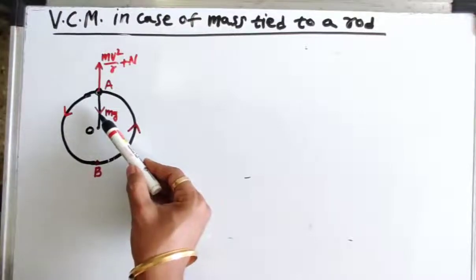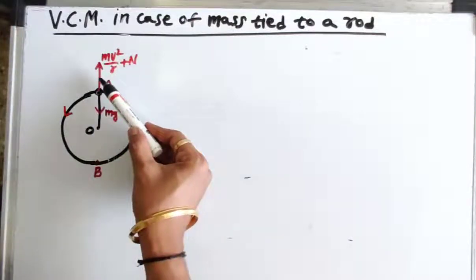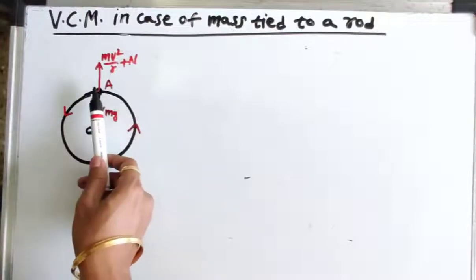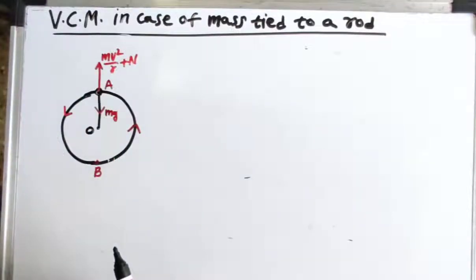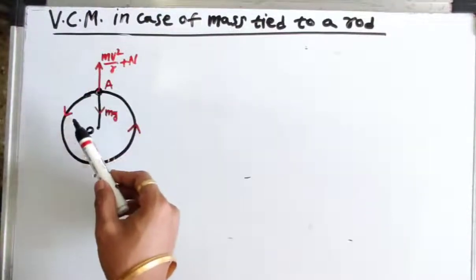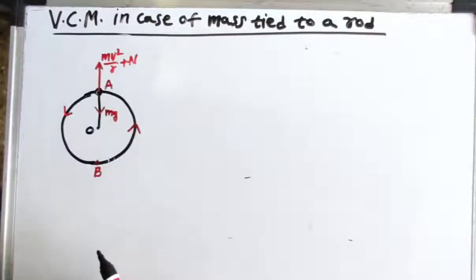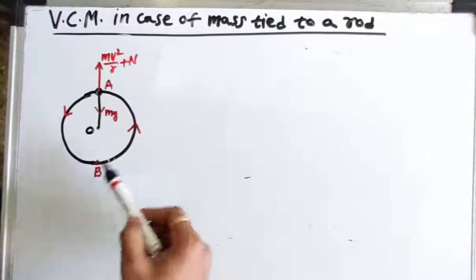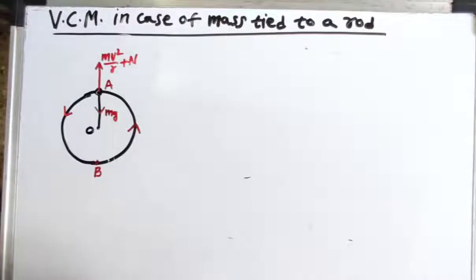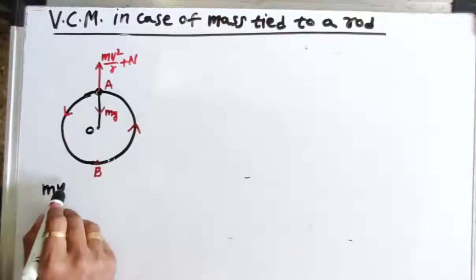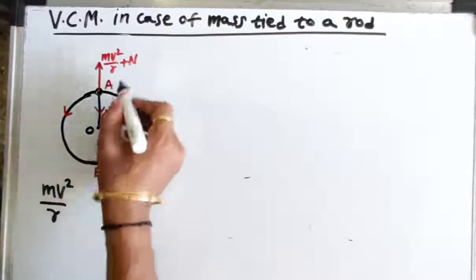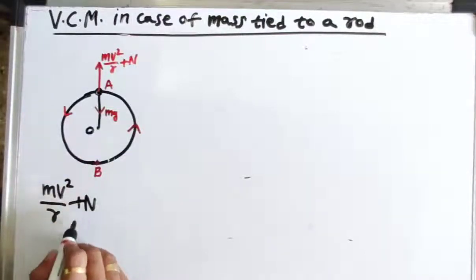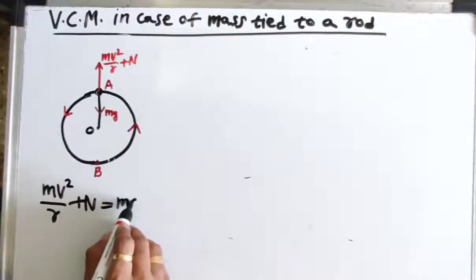So the rod will exert the normal reaction N on this object in the upward direction. The resultant of this is the centripetal force, which is essential for circular motion. Therefore from this figure we can write m v square upon r plus N, that is normal reaction, is equal to mg.